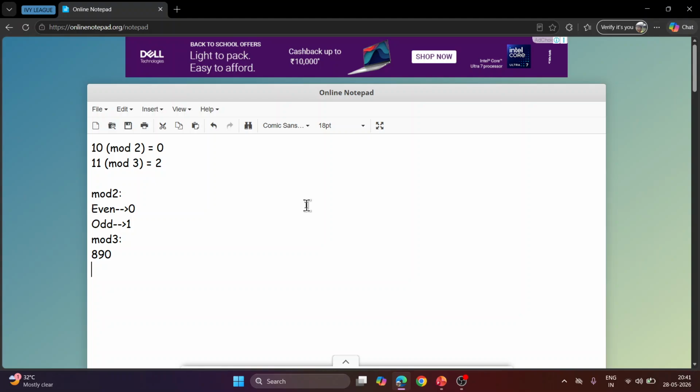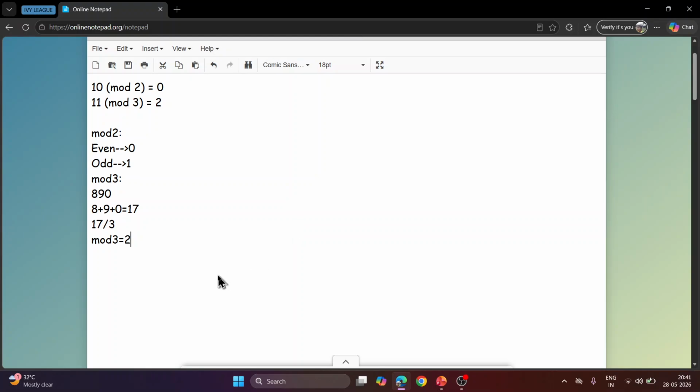So the sum of the digits, 8 plus 9 plus 0, is equal to 17. Now you can divide 17 by 3. 3 5s are 15, so you get mod 3 is equal to 2.